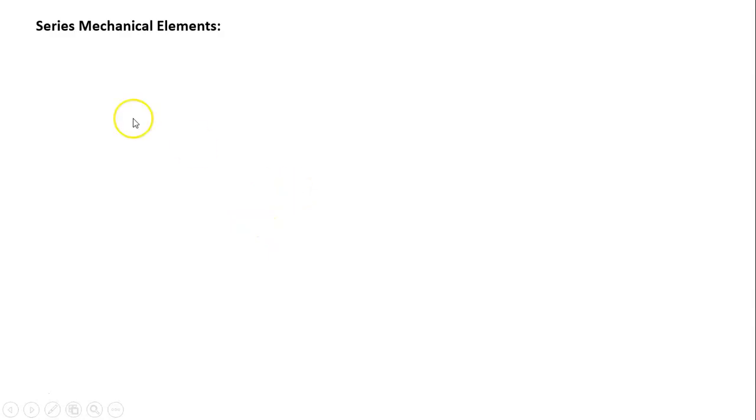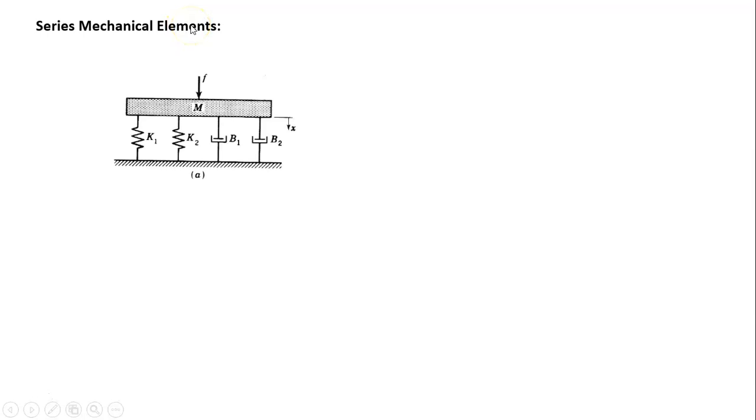Now, series mechanical elements. This is the diagram of series mechanical elements, in which on the mass M force F is acting and mass M is supported by two springs K1, K2 and two dampers B1, B2.